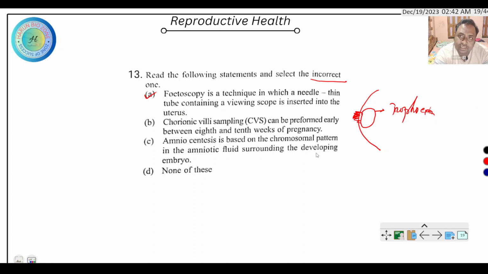Okay, amniocentesis means the amniotic fluid is collected through injection from the amniotic cavity. Okay, this is used to examine the fetus for genetic or other problems. Here, all these answer options are right. Here, D means none of these, meaning no wrong answer is present. Next question.